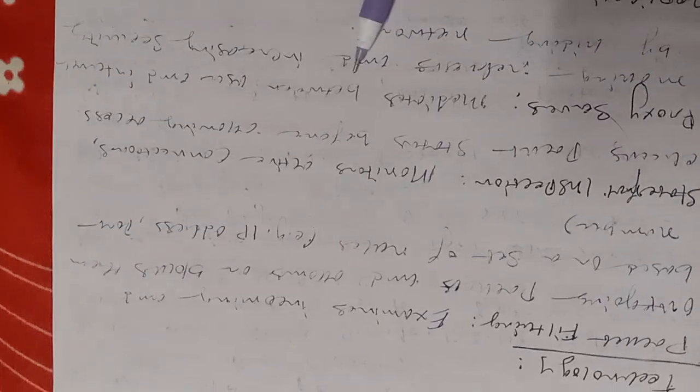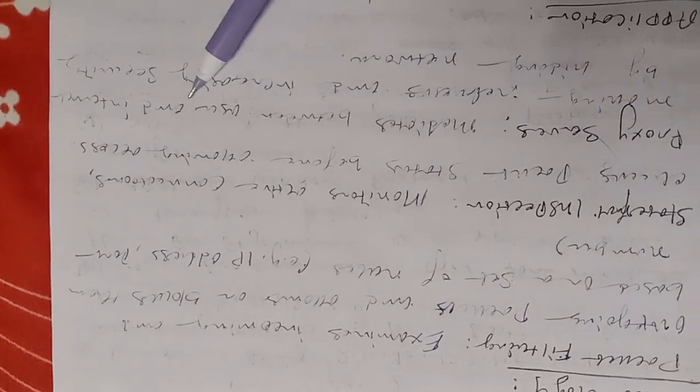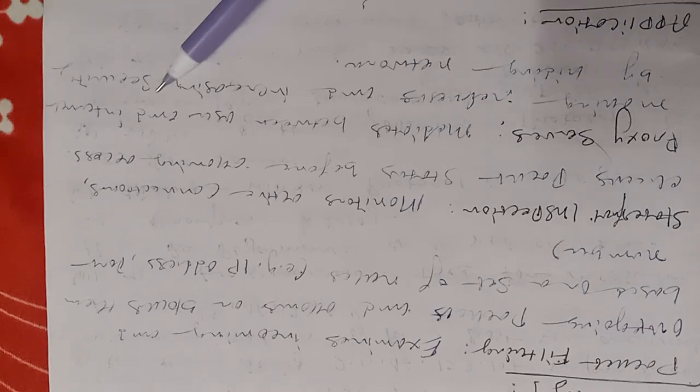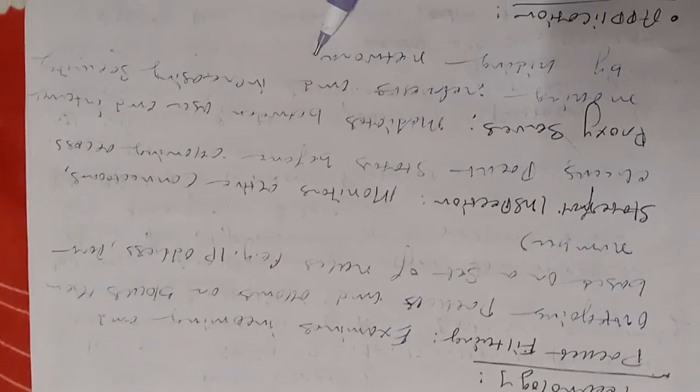Then we have proxy servers, which mediate between internal users and the internet, making requests and increasing security by hiding networks. And then we have applications. In applications we have three parts: network security, corporate networks, and home networks.